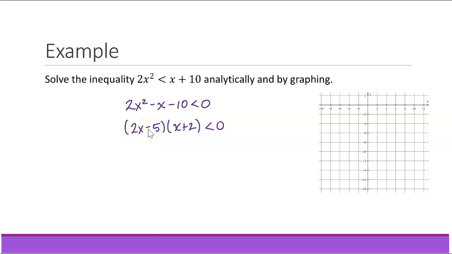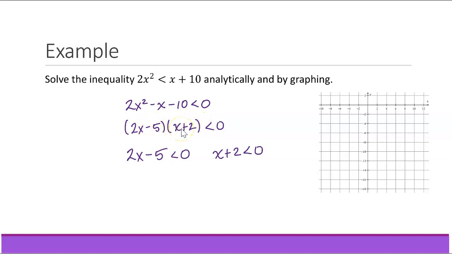So sometimes students will take 2x minus 5 and set it less than 0, and x plus 2 and set it less than 0, because they're thinking about solving an equation. But here, that logic doesn't work, because in order to multiply two things and get a quantity less than 0, it could be that the first quantity is negative and the second quantity is positive.